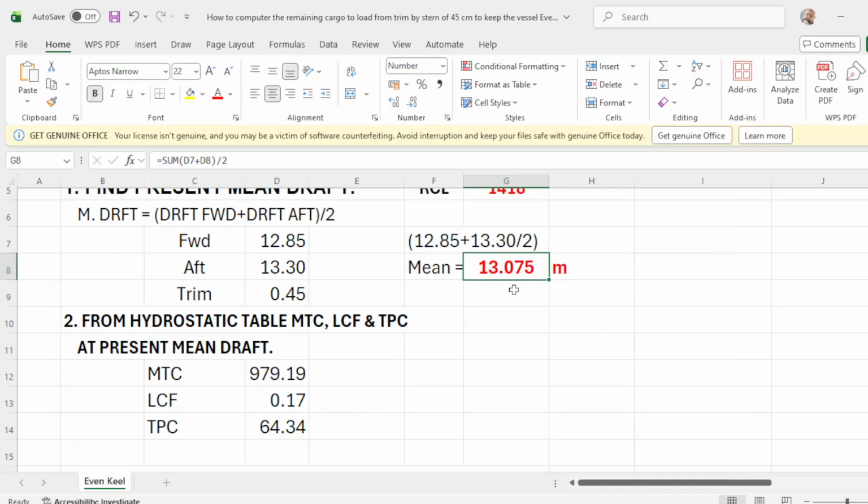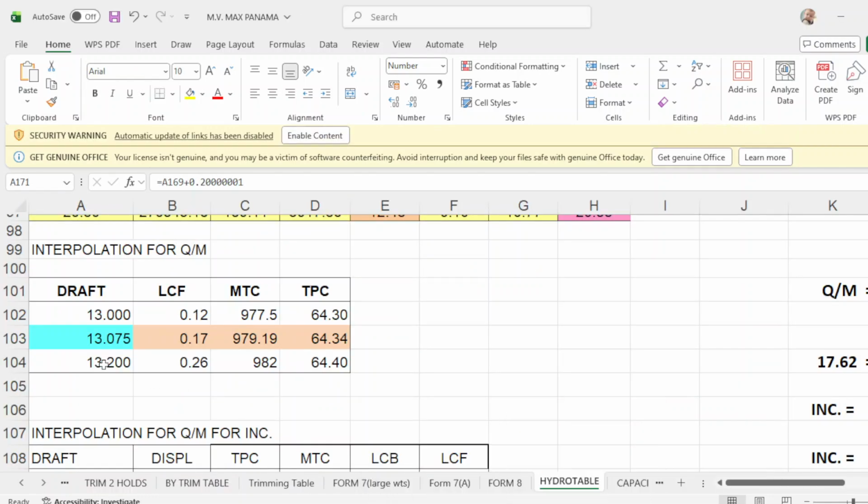That should be 13.05, which is what you got from here. Okay, 13.05. That's why you have this figure. Just want to show why we got this figure.